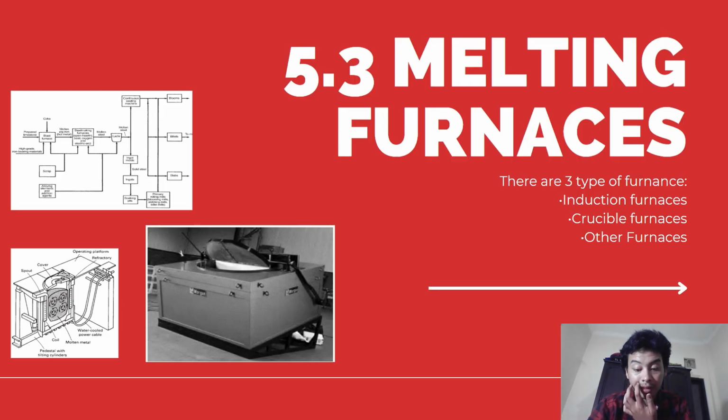Melting furnace. A wide variety of furnace technologies are available for melting metals. In steel making, for example, pig iron is produced in a blast furnace from iron ore, limestone, and coke, picture 5.13.